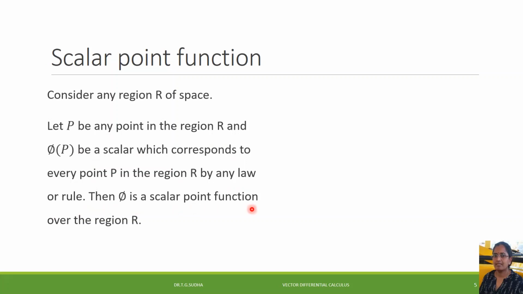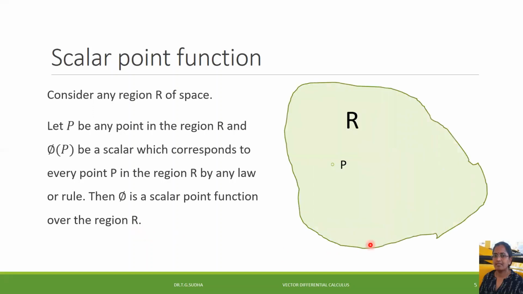Then phi is a scalar point function over the region R. So if you consider a region R and a point P, to every point P, we can associate a scalar phi of P by any rule or law. Such a function phi is known as scalar point function over the region R.